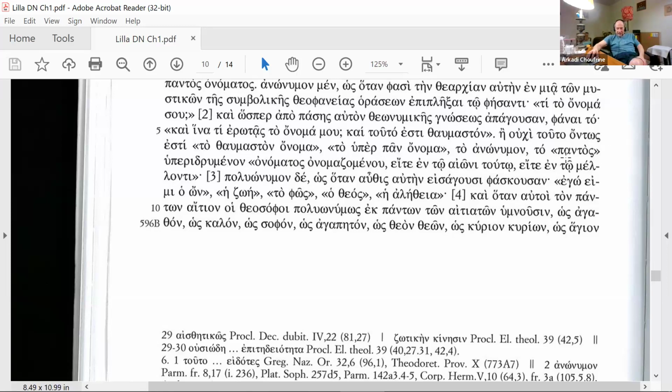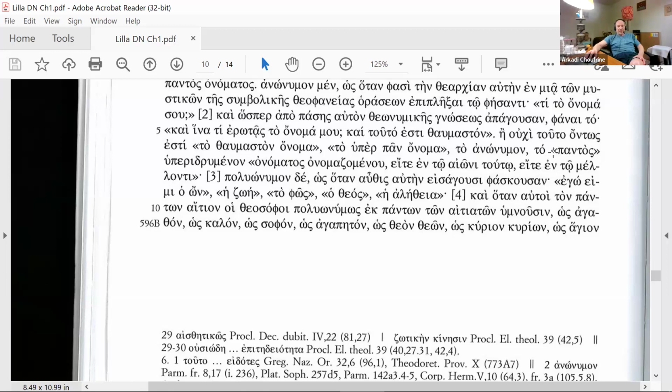But here he reshaped it. Well, in St. Paul, it's the one being named. In Paul, it's pandos onomatos onomazomenu. So pandos, and here it's given a new twist. You see, it's being seated above every name which is named.